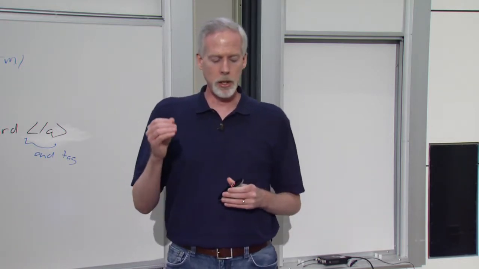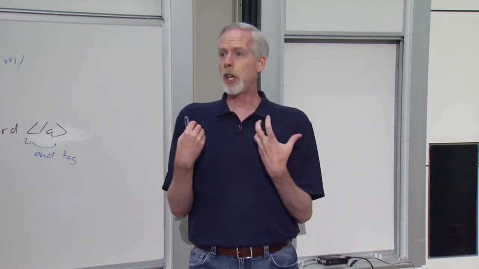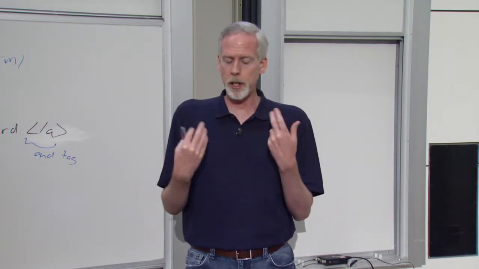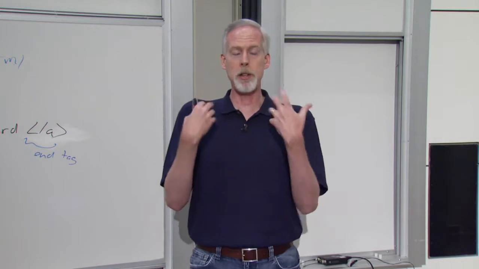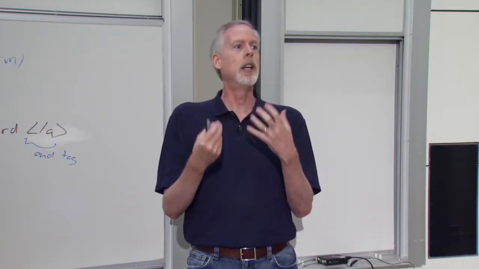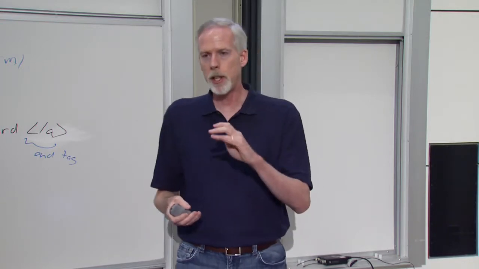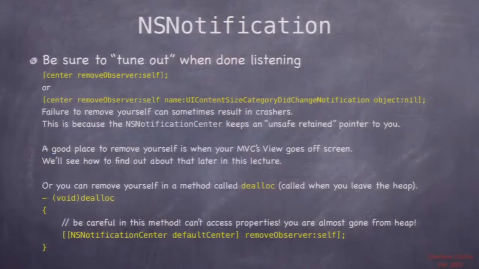Now, normally you're going to remove yourself when your MVC goes off screen, okay? Because you're usually only interested in radio station happenings when your MVC is active and on screen. But if for some reason that doesn't make sense, there is a method called dealloc. Every object has this.